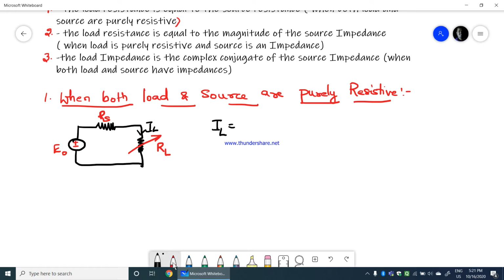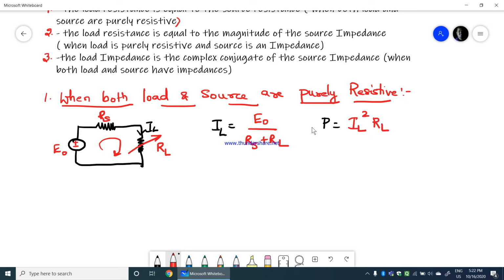Here the current IL would be equal to the total voltage E0 divided by the total resistance RS plus RL, as we have a single loop. That is IL. Now we know that power P would be equal to IL square into RL.